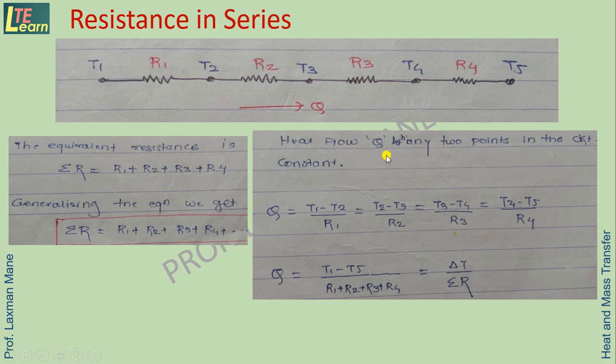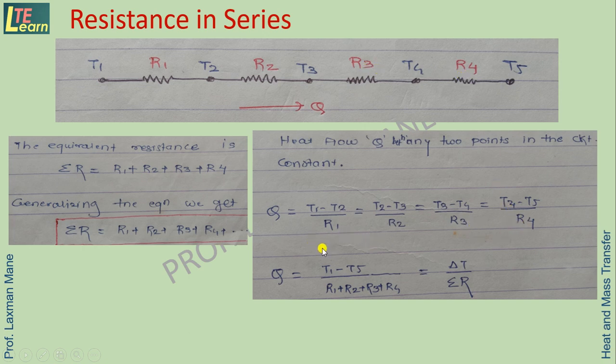Heat flow Q between any 2 points in the circuit is constant. So we can write Q is equal to delta T by R. If we take these 2 points T1 and T2, then T1 minus T2 divided by the corresponding resistance R1. Similarly, we can write temperature differences between the next points divided by the corresponding resistances, for R2, R3 and R4.